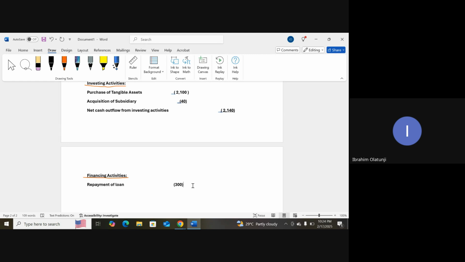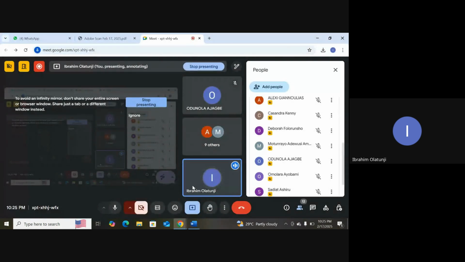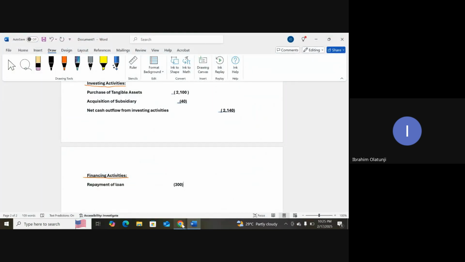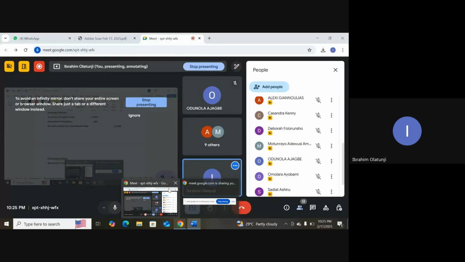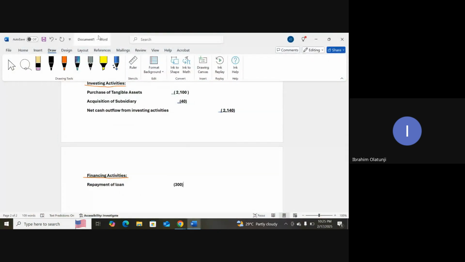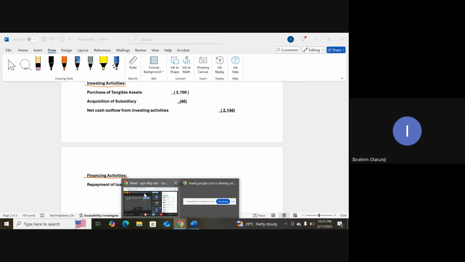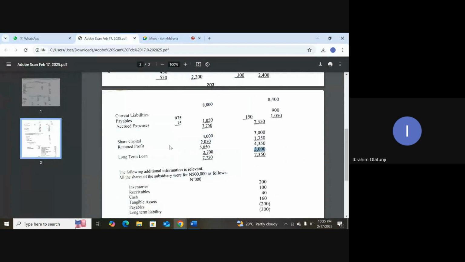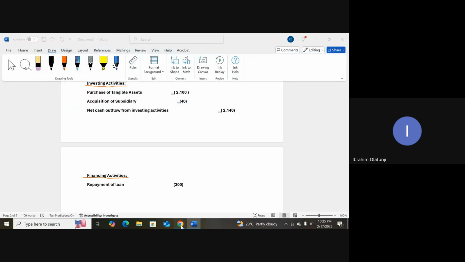So let's move on. Another thing we also need to think of is, do we have any dividend paid? If there's a dividend paid, I said the dividend we paid needs to come to where? To our financing activities.